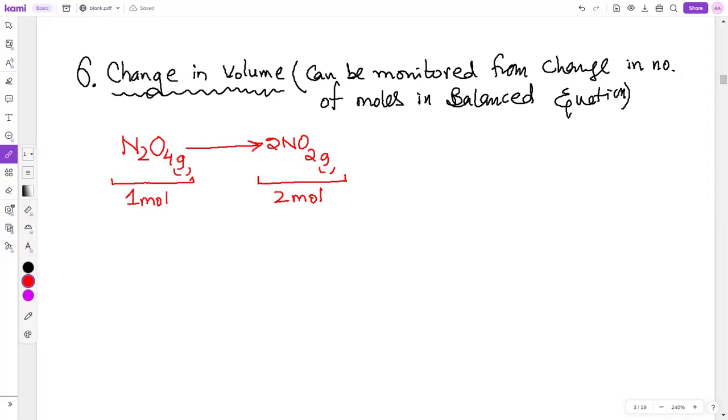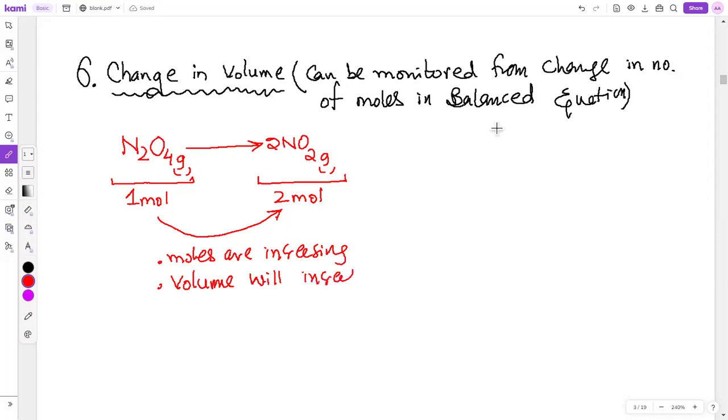It means volume will increase in different time intervals. So moles are increasing, which obviously means volume is increasing. So with this data at different time intervals, we can make a volume time graph.